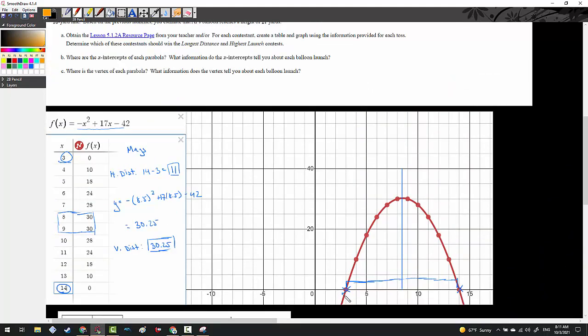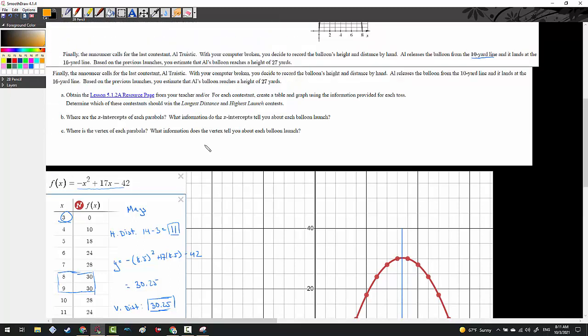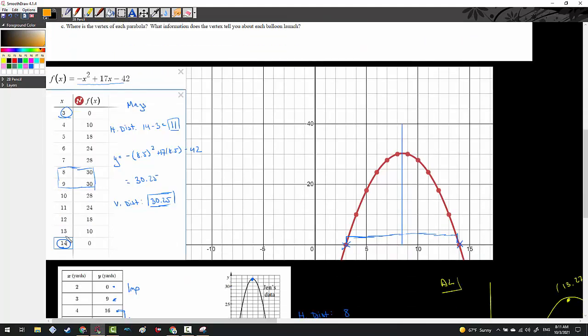Let's see. In part B, it tells us where are the x-intercepts of each parabola? What information do the x-intercepts tell you about each balloon launch? Well, the information that's given to us about each of the balloon launches is that the x-intercepts are where they are on the ground, right? So Mags launched from the 3-yard line, and the balloon lands on the 14-yard line. We can tell that the balloon is launched and lands because the balloon is launched from ground level.